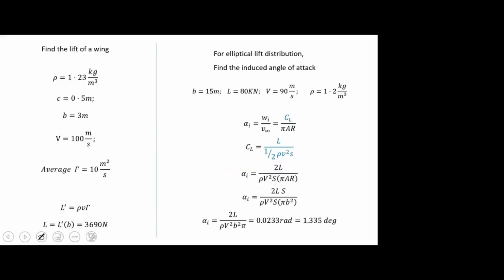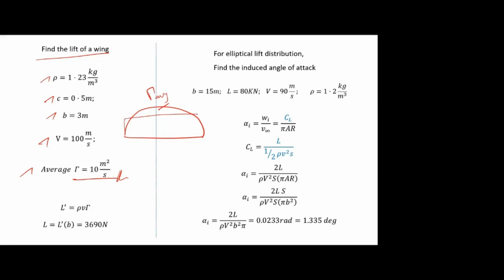Then the second problem: find the lift of the wing. They are given density, chord length, span, velocity, and average gamma value. So not the distribution, they are giving the average value. So using this we have to find the lift of the wing.